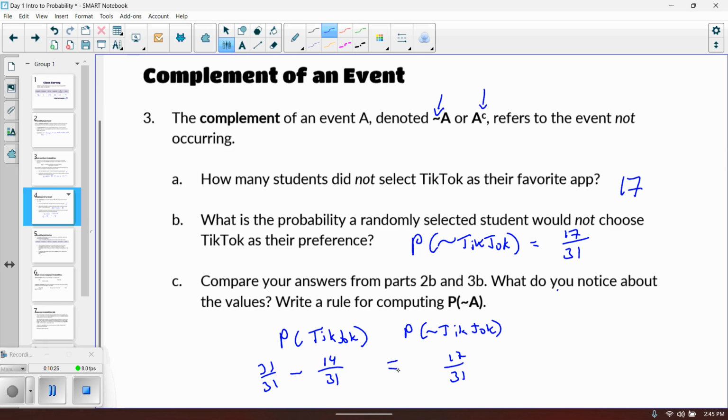So the idea is that we take the entire number and subtract the amount of TikTok users, we'll get the amount that did not select TikTok. Okay, again, I hope that that makes general sense. I'm going a little bit more into depth here just to make sure, but I think that probably makes sense to most people.